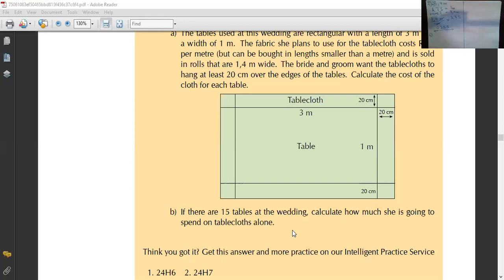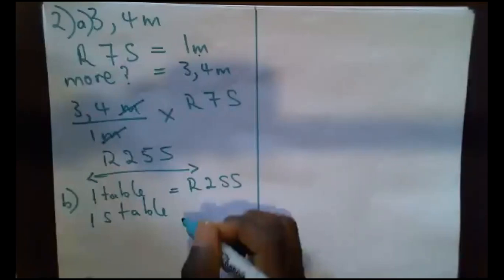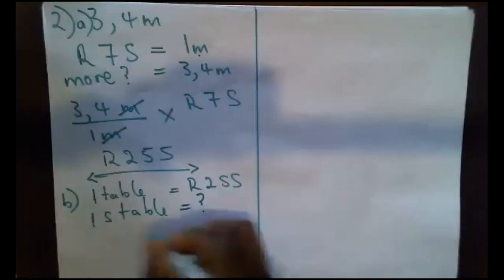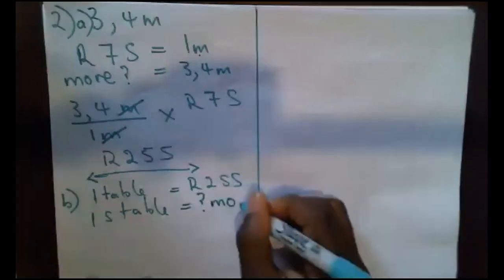So this is simple, guys. Again, using simple proportion, we are saying one table is going to cost 255 rand. What about 15 tables? We have a question mark. Would you expect to pay more or less? Of course, you would expect to pay more.